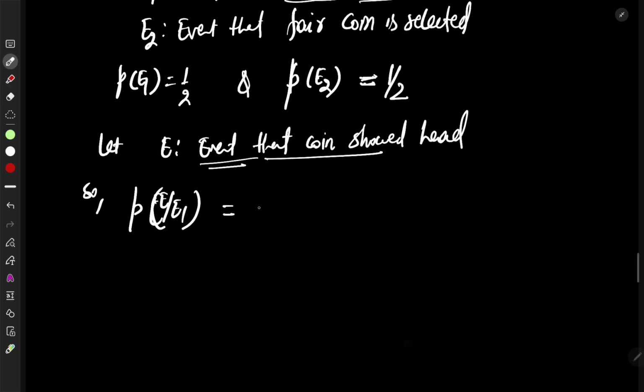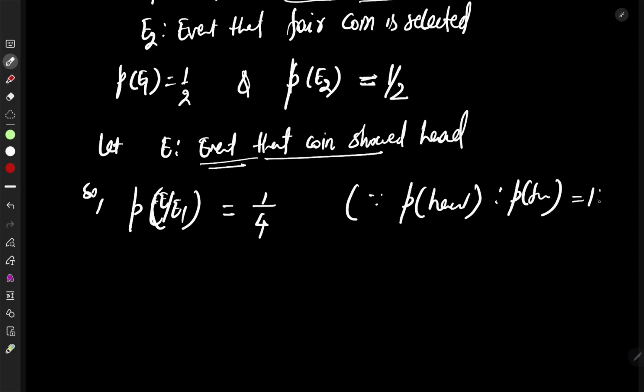So the probability that you'll be getting head is 1/4, because out of 4, 1 you are getting head. I hope it is very clear to you.